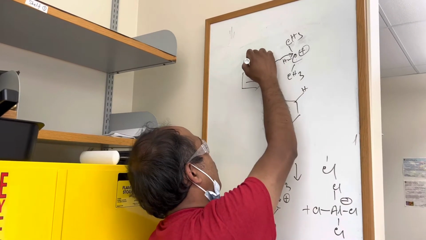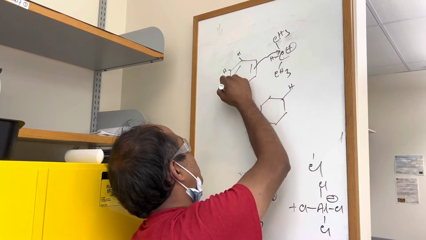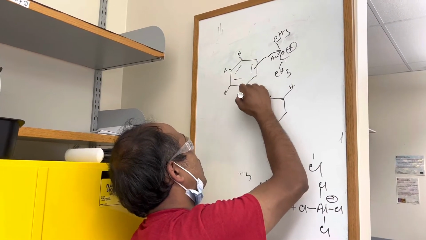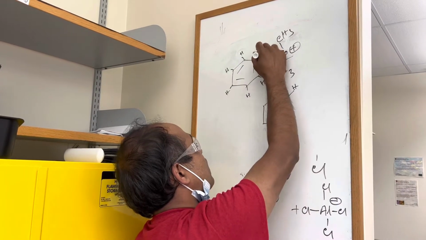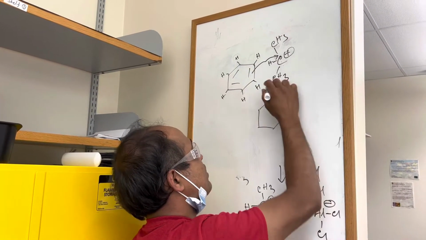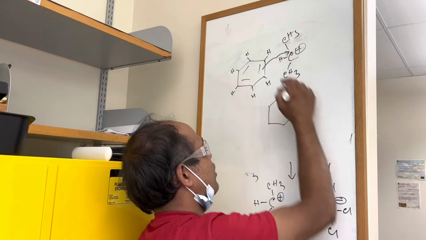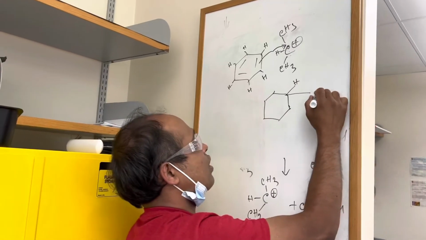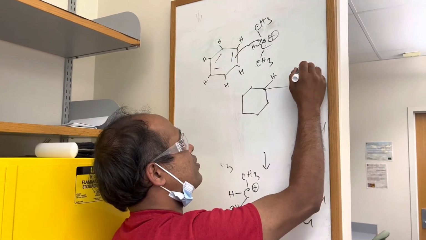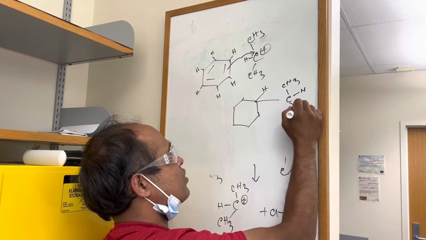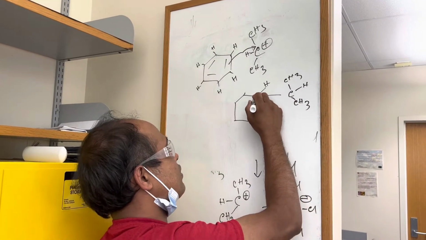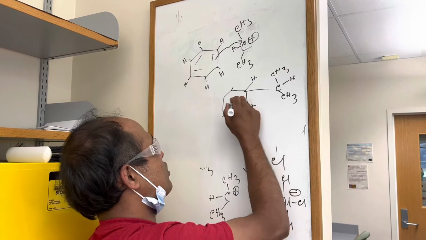And remember, every one of these carbons has a single hydrogen. Since the ring is attacking there, giving these double-bonded electrons, it will form like this, CH3, H, CH3, and since this bond is broken, it will be positive in charge.